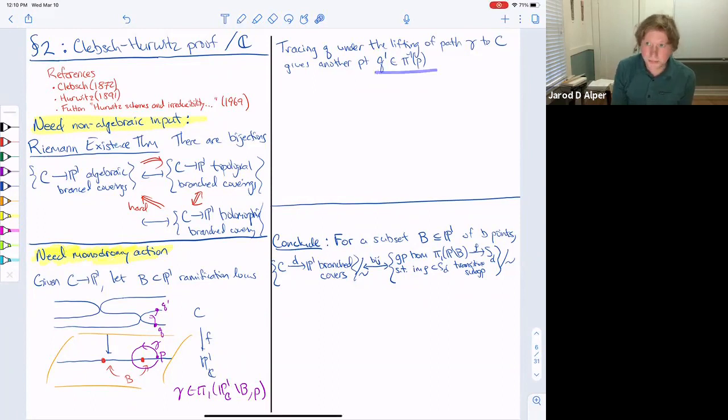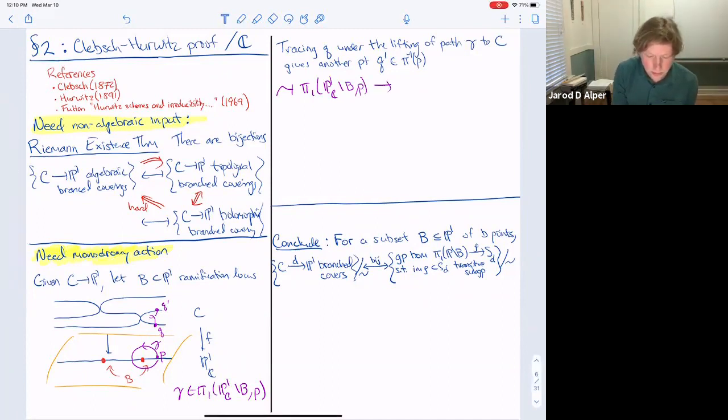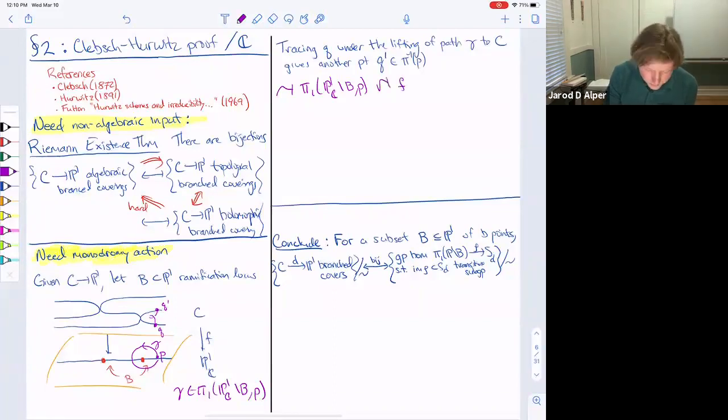So in other words, we have an action of the fundamental group on the fiber, F inverse of P, and this fiber consists of D elements.